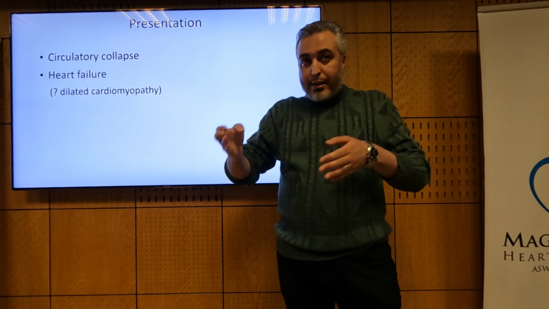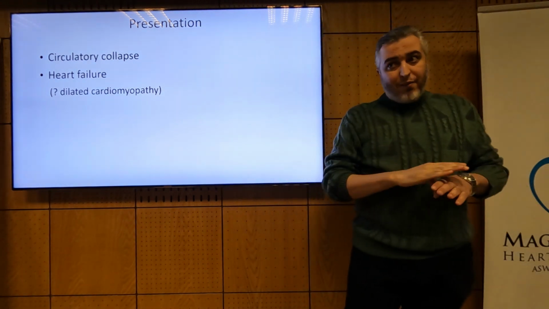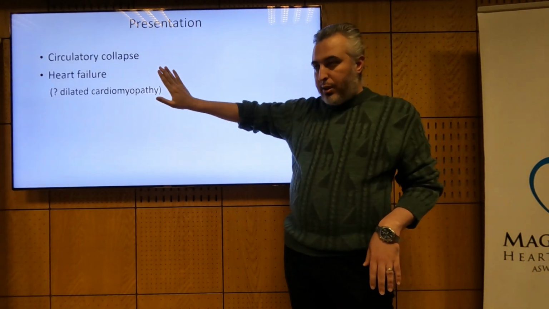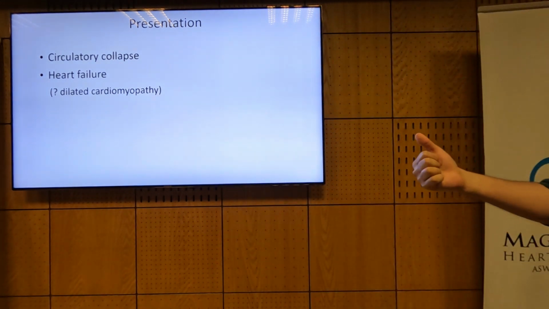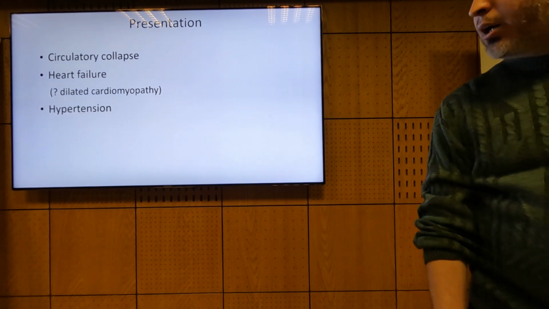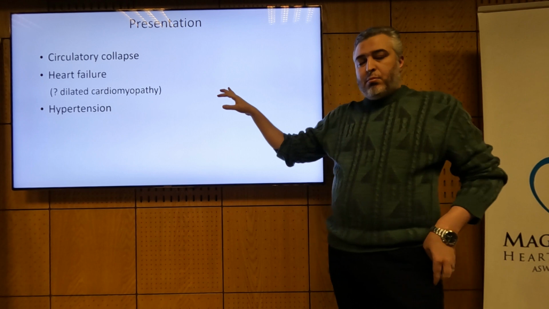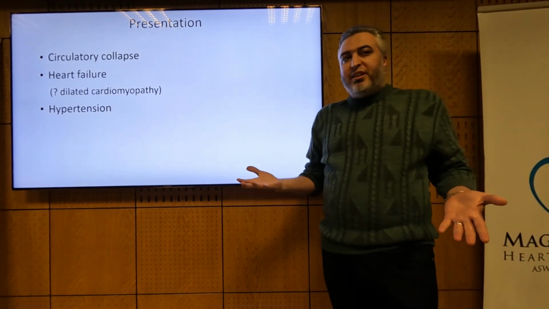So the coarctation and the ALCAPA can be quite difficult to diagnose by echo and are very well delineated in CT. So please do not label patients as dilated cardiomyopathy before excluding such things. So, circulatory collapse, heart failure. Others might grow older as older children or even adults, and then they just present with hypertension.